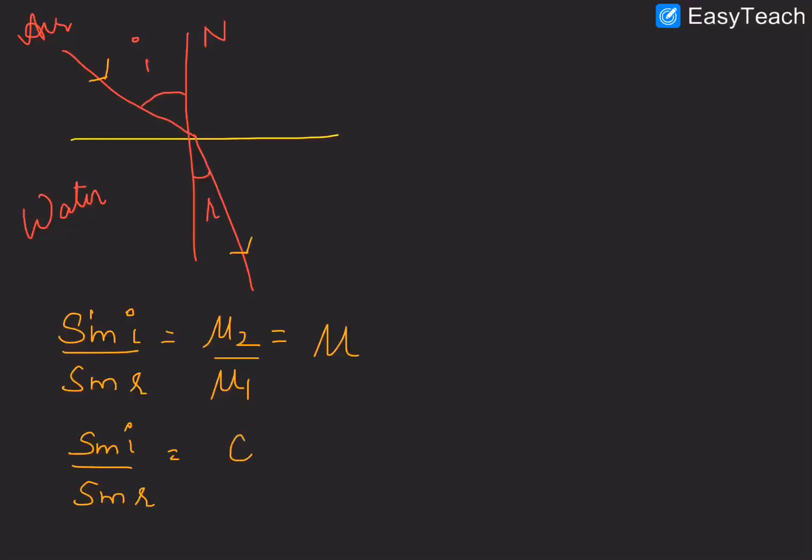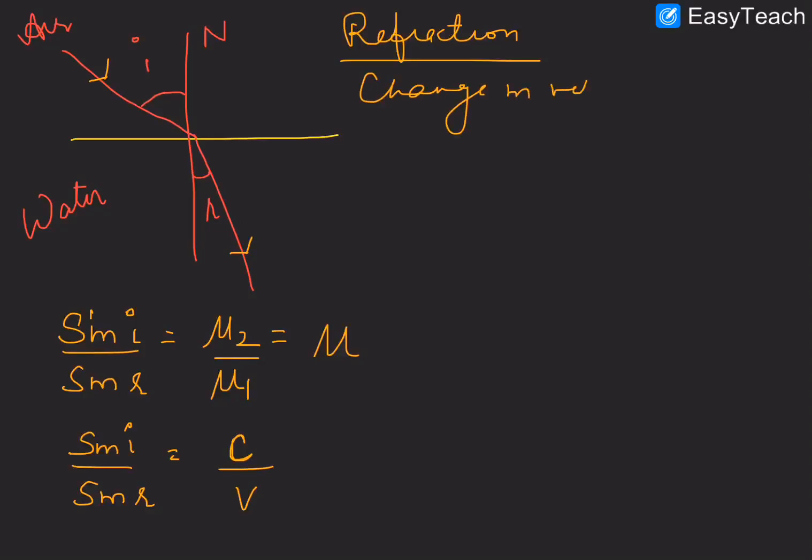So you'll write it as velocity of light in the rarer medium upon velocity of light in the denser medium. Now you can see the basic reason for refraction is change in the velocity of light, and as the light enters a denser medium, the velocity decreases.